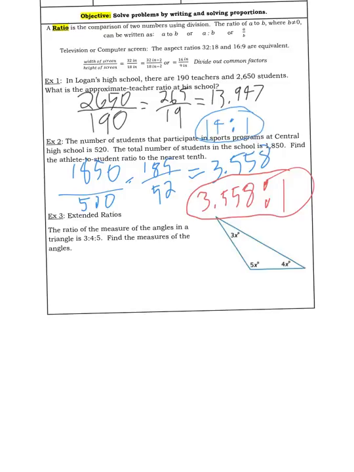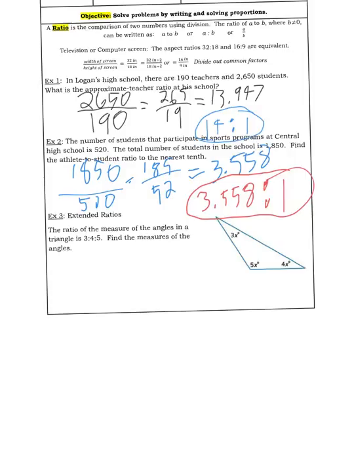Okay, so now we're going to apply something called extended ratios. What an extended ratio is, is that we're trying to compare 3 or more quantities rather than 2.